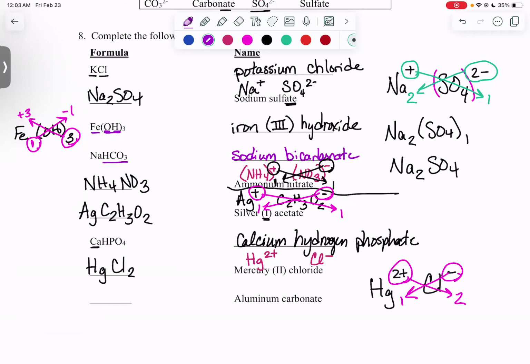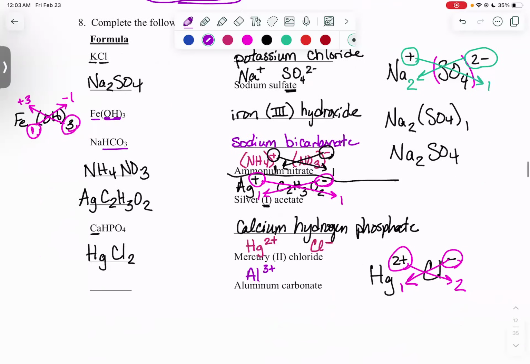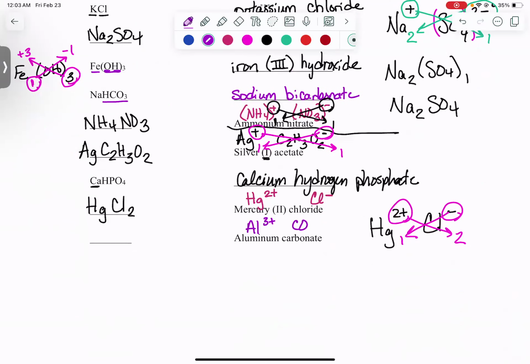Okay, this very last one, aluminum carbonate. So aluminum is Al, main group, 3 plus. Carbonate, I come up here and I'm going to find carbonate, and carbonate is CO3 2 minus. Okay, now I got to be really careful here.